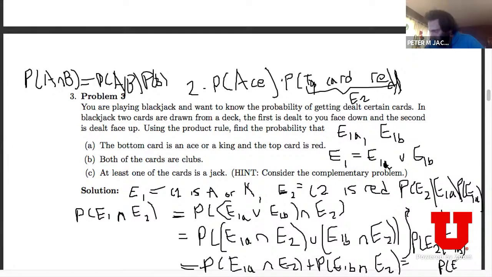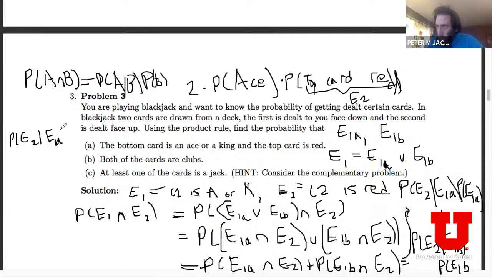Okay, so we're almost there. Now we just have to compute the probability of E2 given E1A.